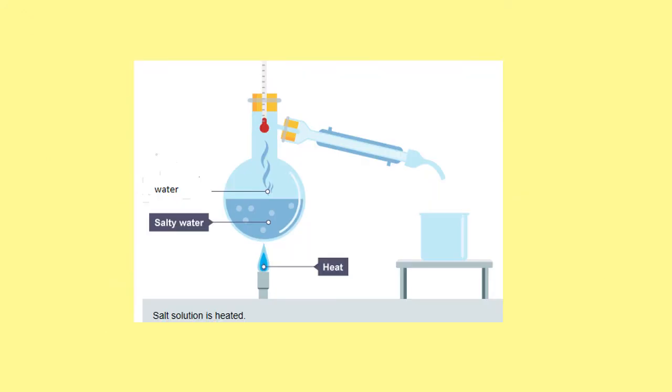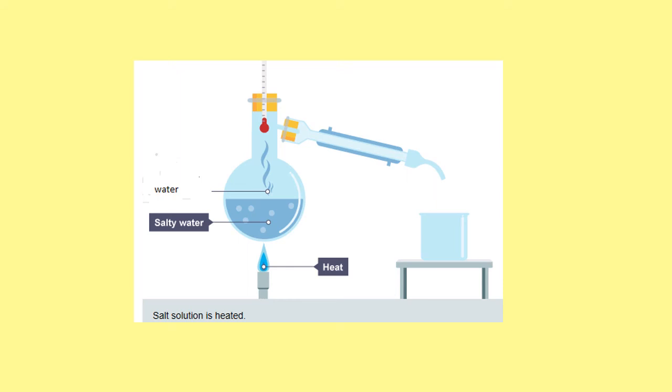So here we have our solution and we heat the solution up. Now this time, rather than being open to the air so that the liquid as it turns into a gas escapes, it's forced into this side tube here.